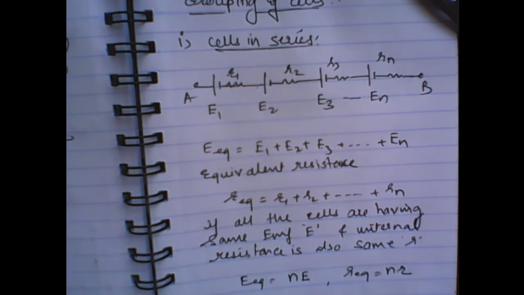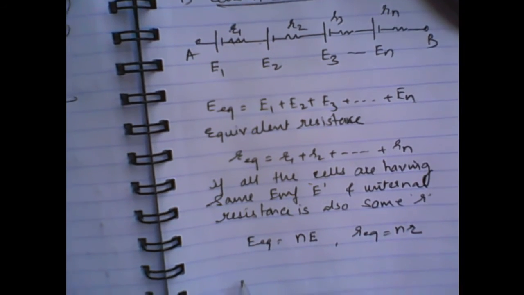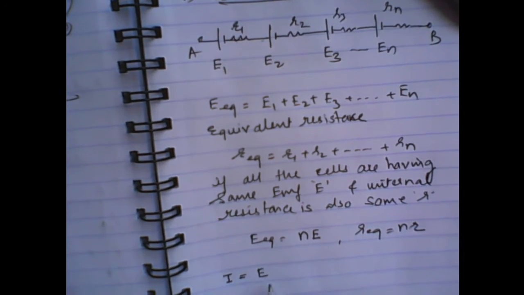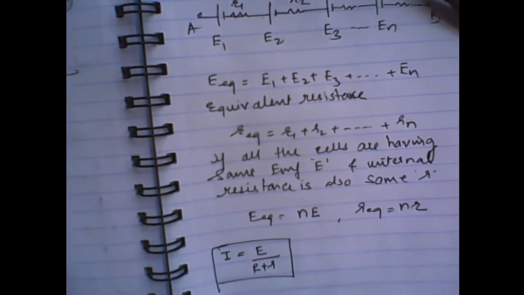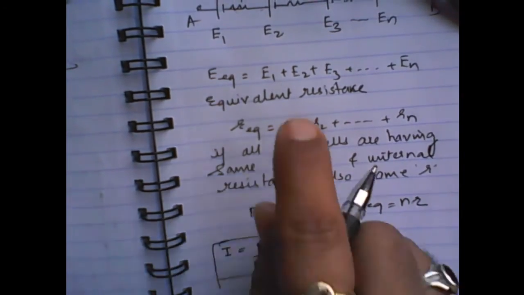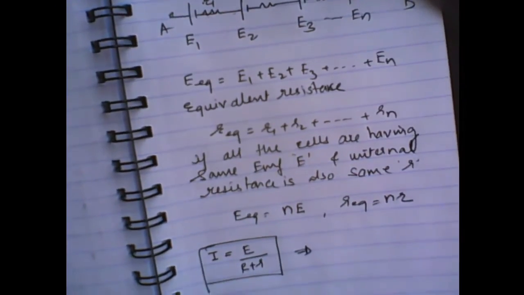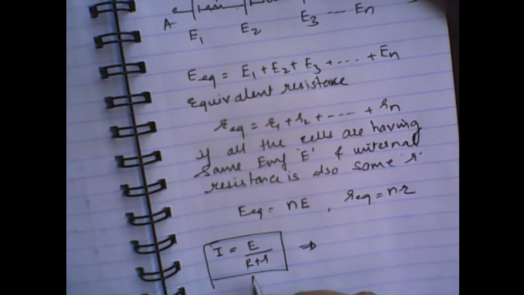Okay, so the equation for current that we have derived already is I equals E upon capital R plus small r. This was the equation that we have derived. So this equation for the group of cells, when connected to external resistance R, where R is the external resistance.